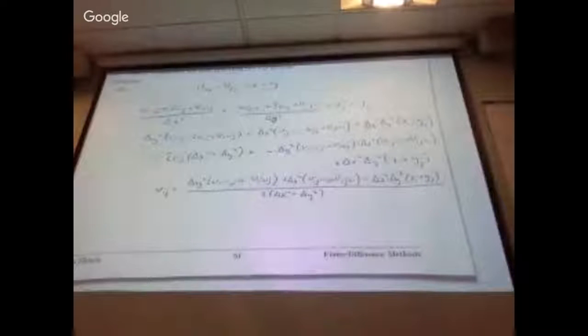Notice at the moment I've just left delta x squared, delta y squared in there, but I know what they are for this particular problem.